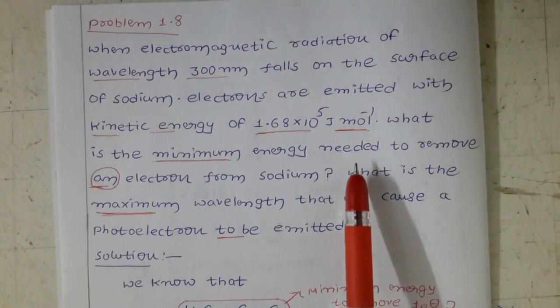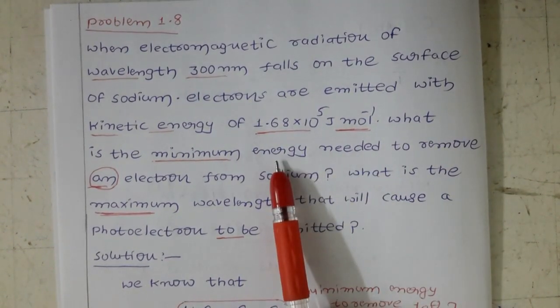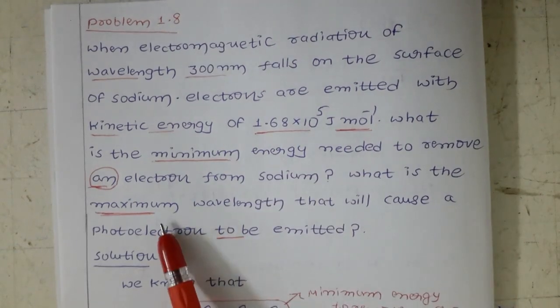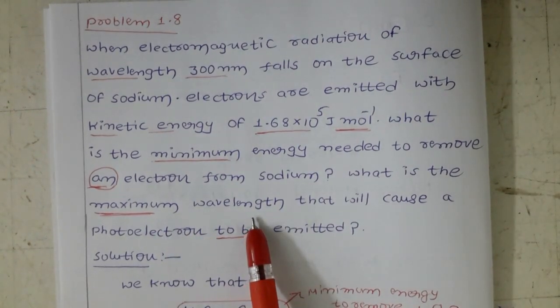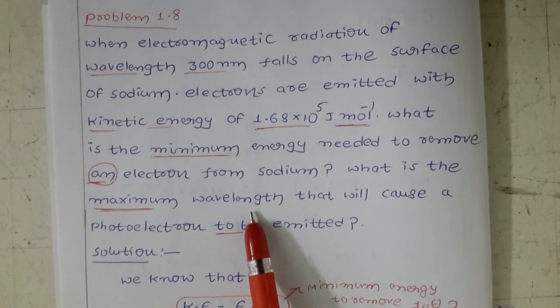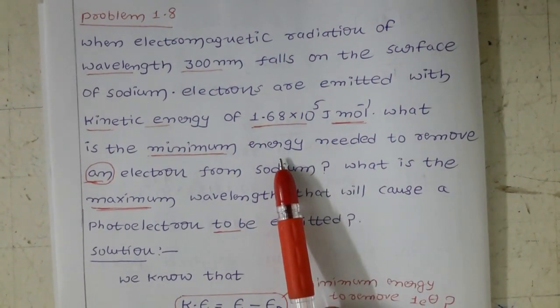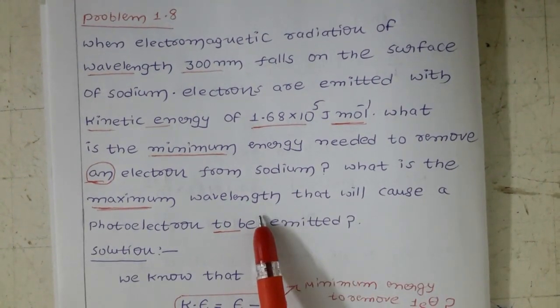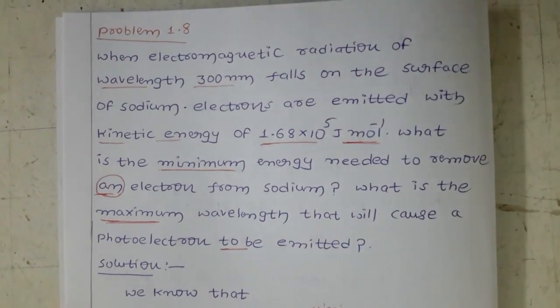Here they are asking for the minimum energy, and the wavelength is maximum. Already you know energy and wavelength are inversely proportional. Once you calculate the minimum energy, we will get the maximum wavelength. Let us discuss this solution.